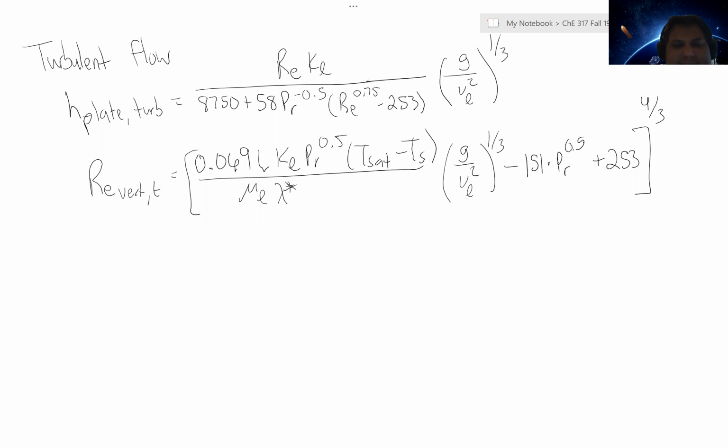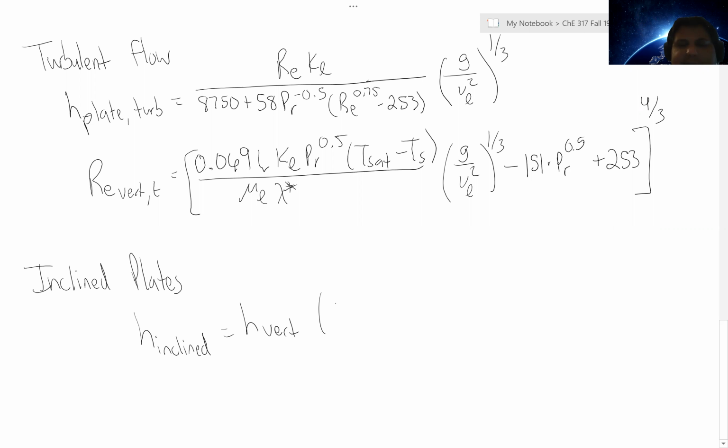And once again, as we talked about inclined plates, where H inclined was simply H vert times cosine of theta.